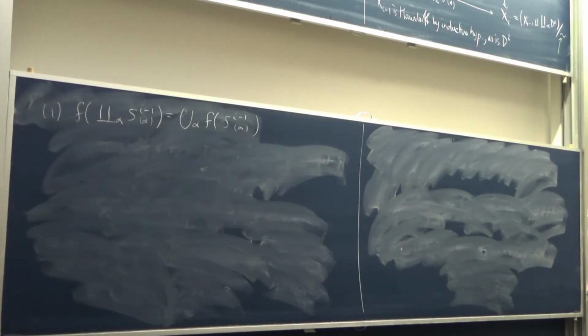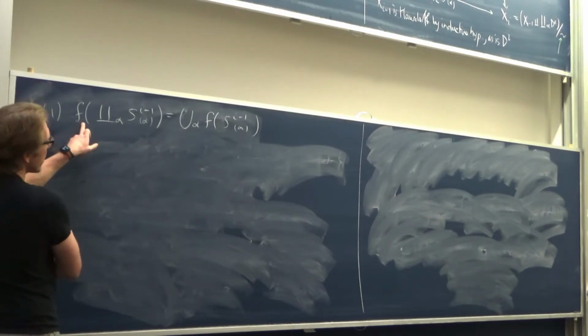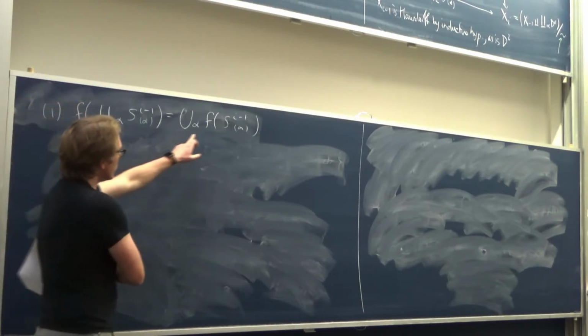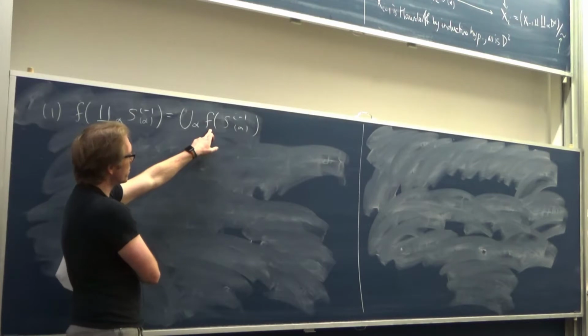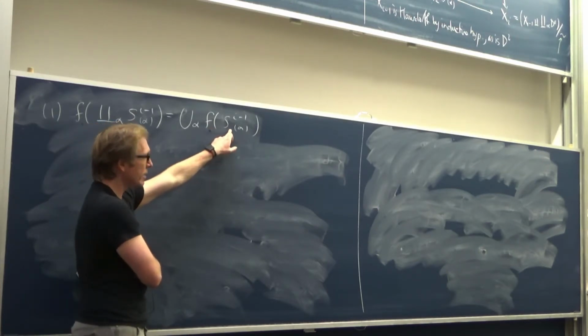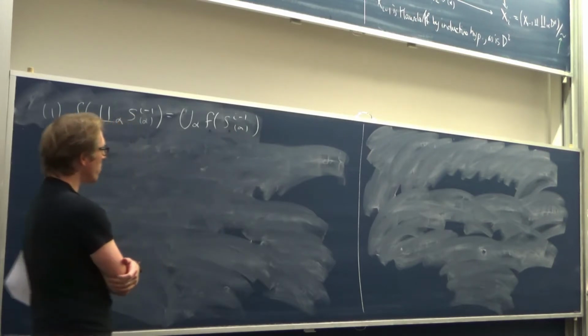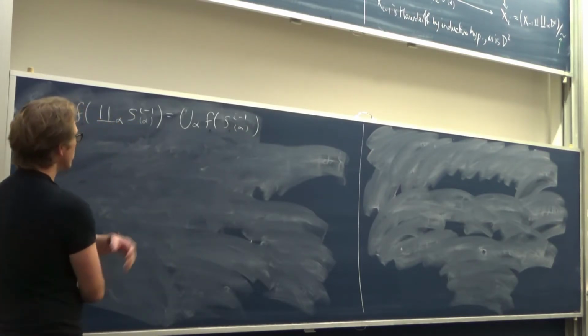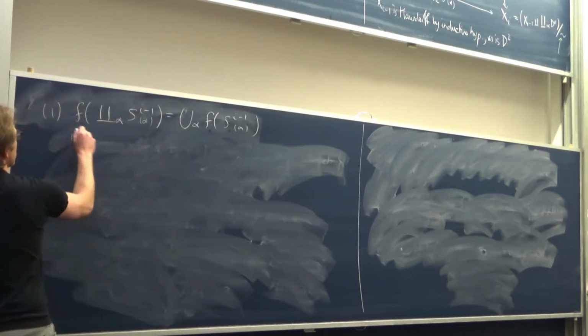Take all those circles and the attaching maps, sending them to some subset of X_{i-1}. The image of that attaching map is the union of all the images of the individual circles, and f is continuous, and the continuous image of a compact set is compact, so that is compact.